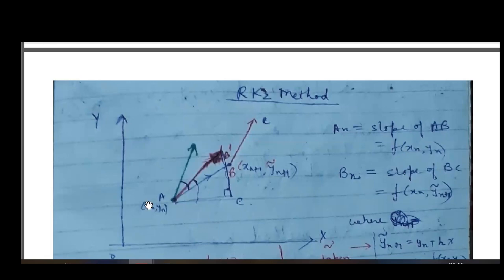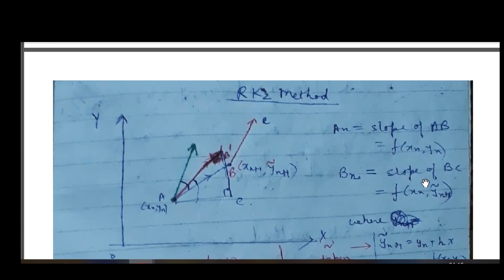Now, through B, let me draw a line segment BC of slope f of xn plus 1 and yn plus 1 tilde. Now you see here tilde is used.